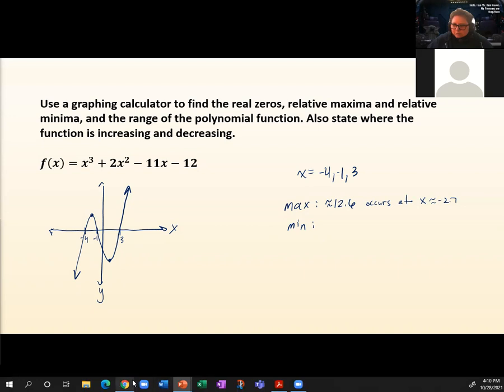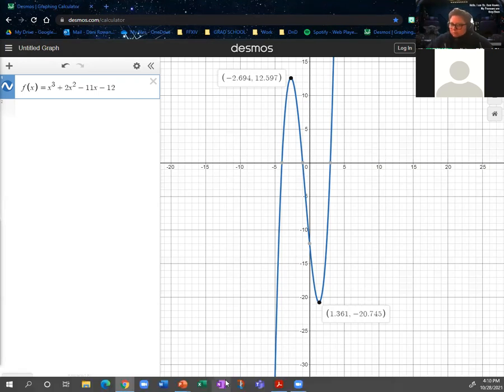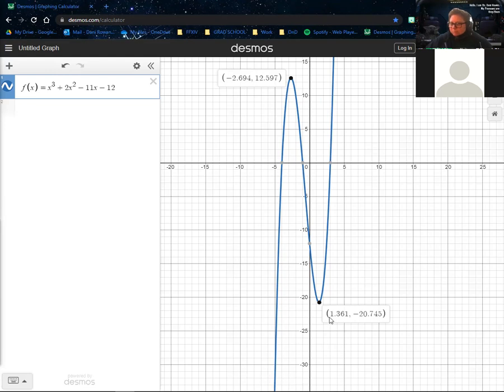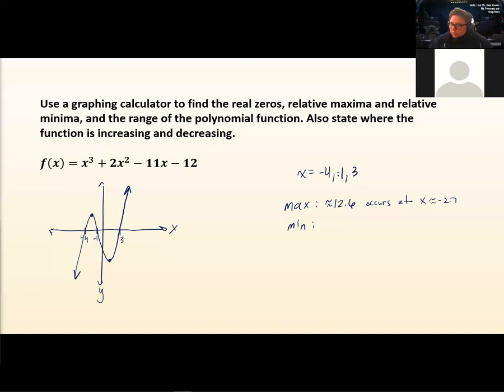Let's go back again. What's our minimum? -20.7. Yep. And it occurs at x equals approximately 1.4. So -20.7 occurs at x is approximately, no, not negative, positive, right?